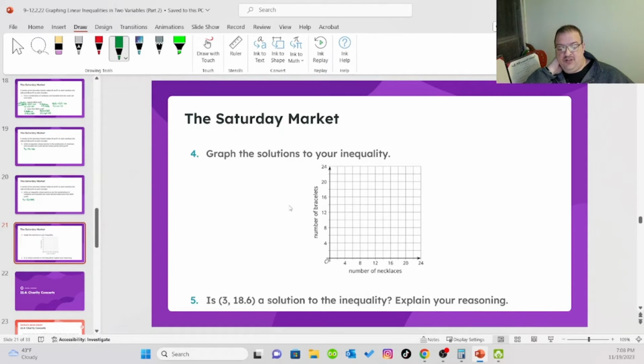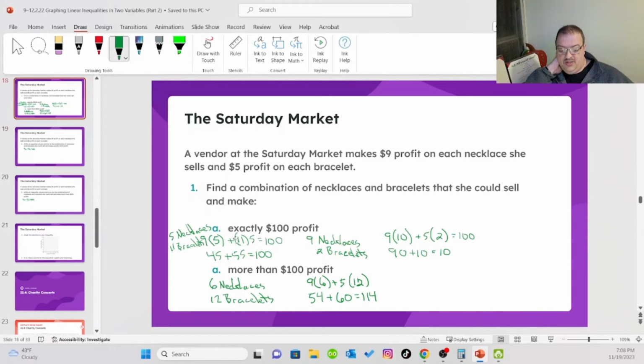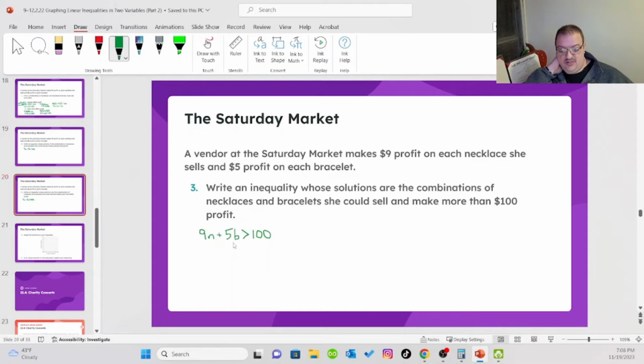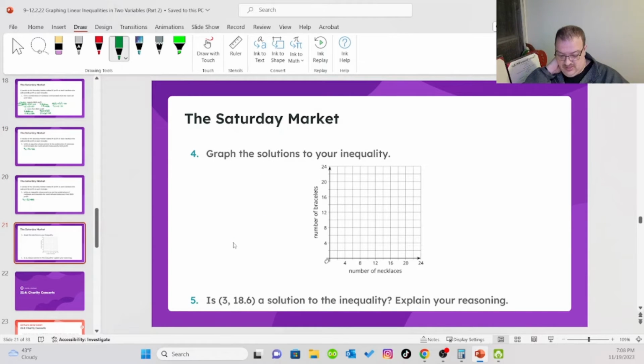Now they want us to graph the solutions to our inequality. So if we go back and look, I said we could do 5 necklaces and 11 bracelets. Which is right about here.